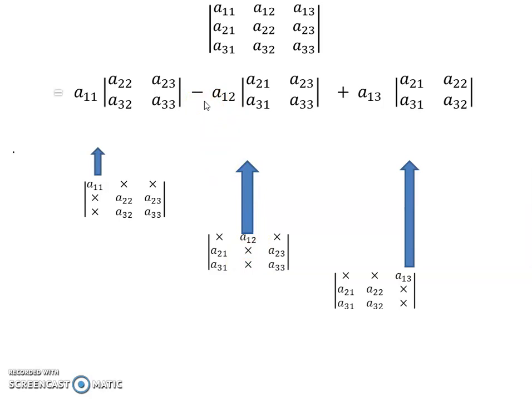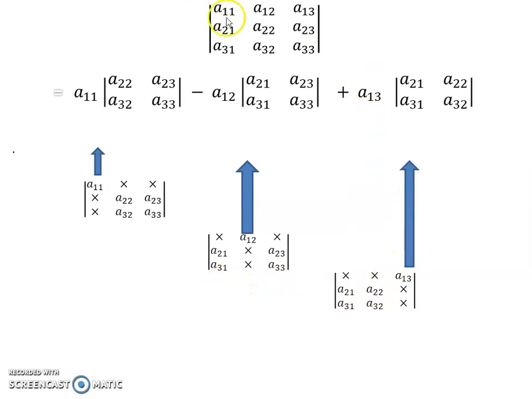You must remember this step: minus is always available in the second term of the determinant. Now, we skip the second column and first row. So we skip A22, A32 and also A11 and A13. So we derive A21, A23, A31, A33.